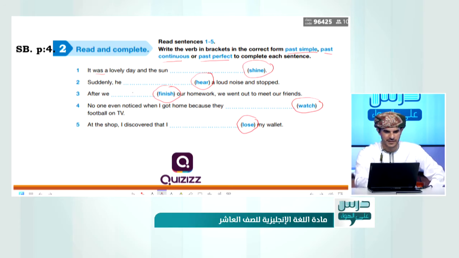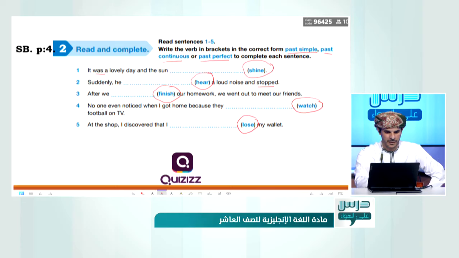Suddenly he heard or was hearing or had heard a loud noise and stopped. Stopped. So actions, one action, two actions, completed action, another completed action, and so on.